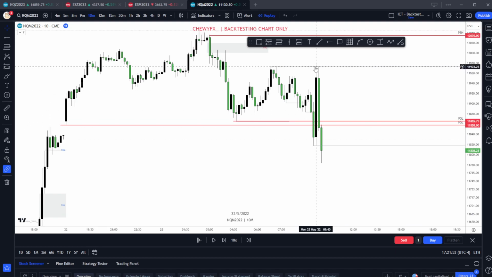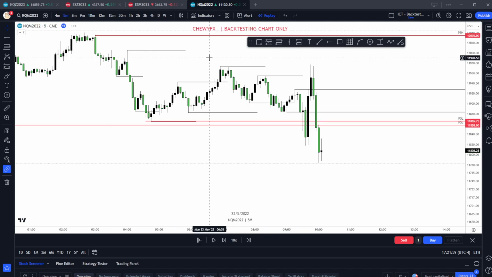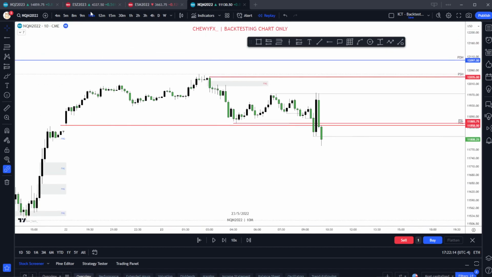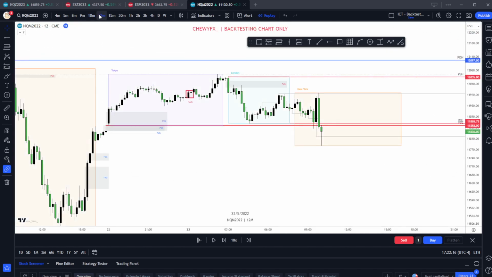Market then took out some buy side liquidity here. Let's see. Okay, so we just took out a bunch of liquidity. We then had a strong rejection to the downside as well, let's see what happened previously.